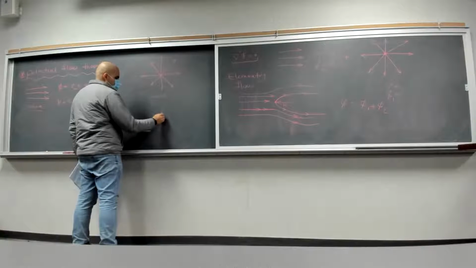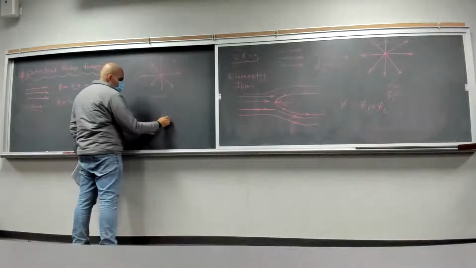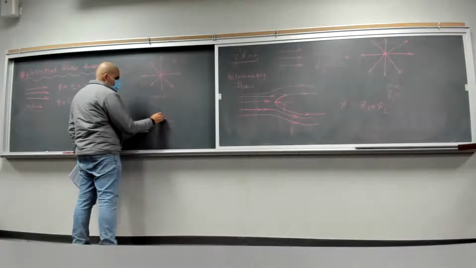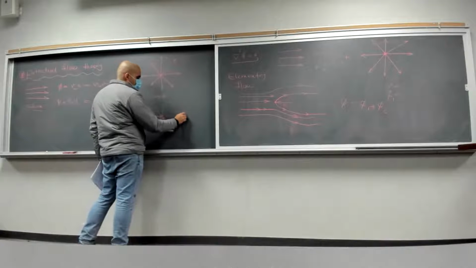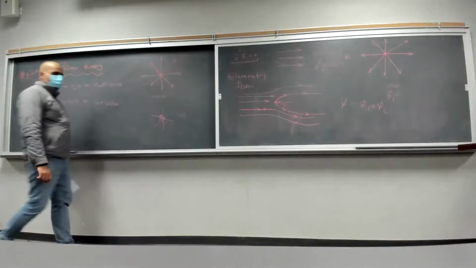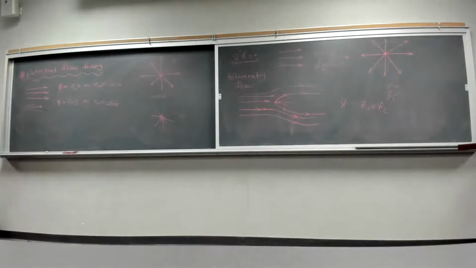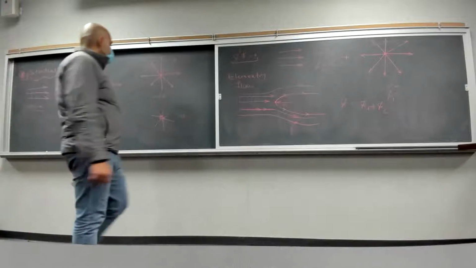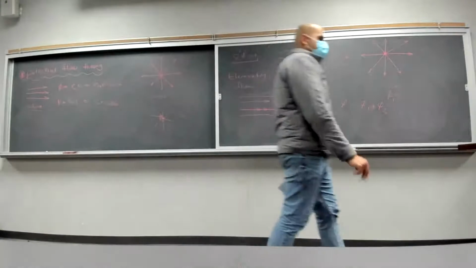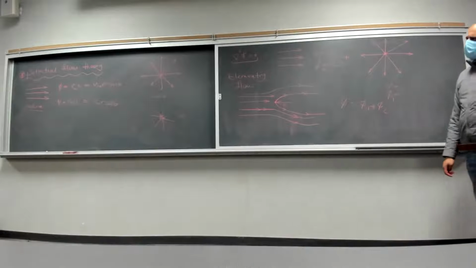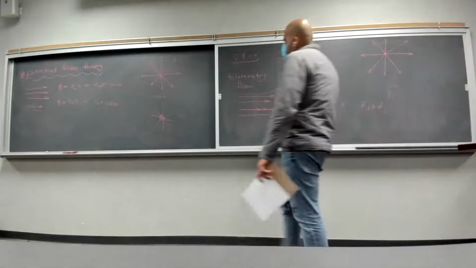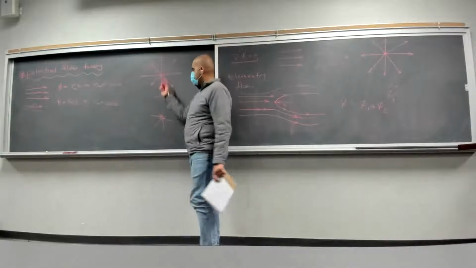When the velocity vectors look like this, this is called the sink flow. But these two are essentially the same flows. The only difference is the velocity direction. The velocity is going to be in the opposite direction. What do these two types of flow remind you of?